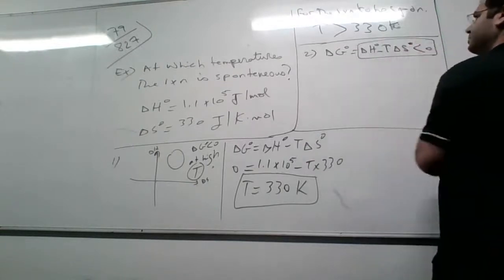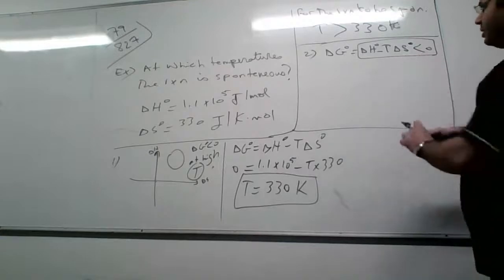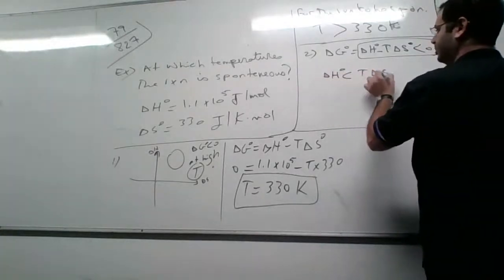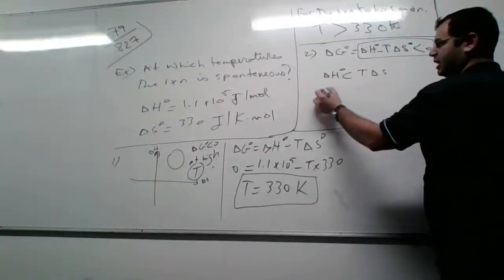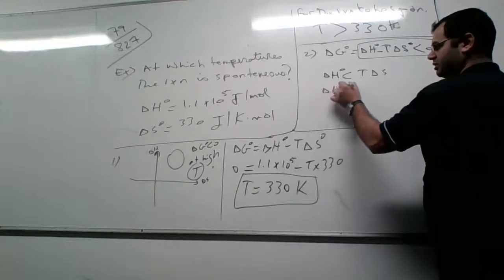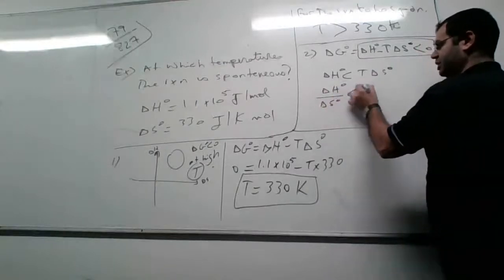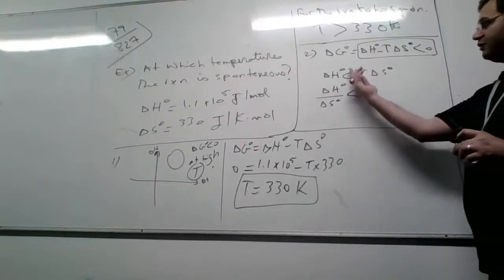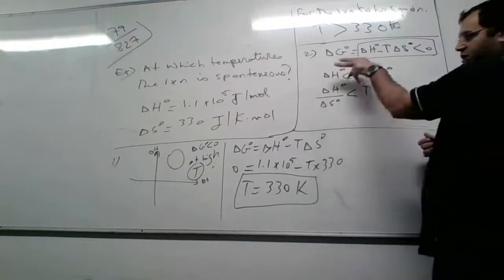Here is the problem: most students quickly put delta H naught less than T delta S naught. Then the student will divide delta H naught by delta S naught to get T. But delta S naught can be negative, so you have to switch the inequality, it should be the opposite.